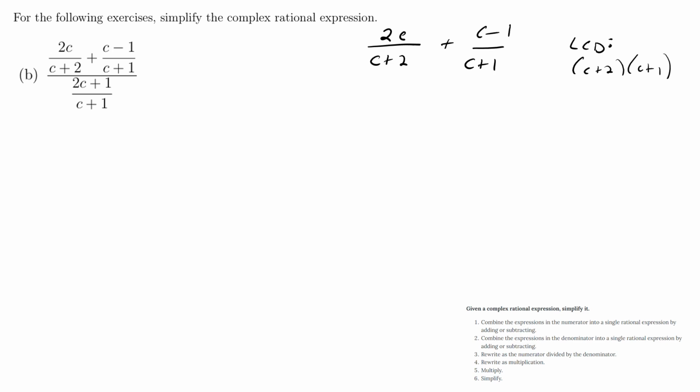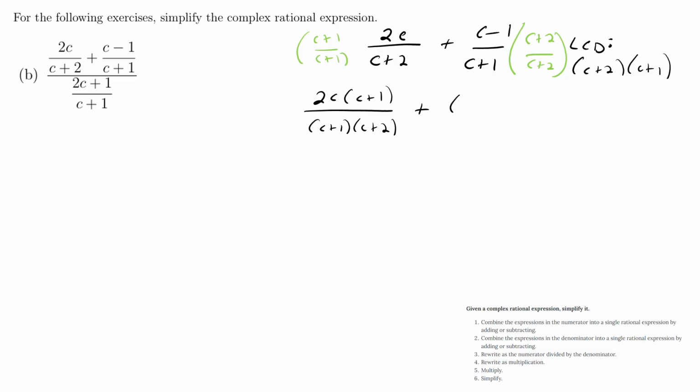So the first fraction is missing that c plus 1. The second fraction is missing that c plus 2. So my new numerator is going to be 2c times c plus 1 over c plus 1 times c plus 2, plus c minus 1 times c plus 2 over c plus 1 times c plus 2.